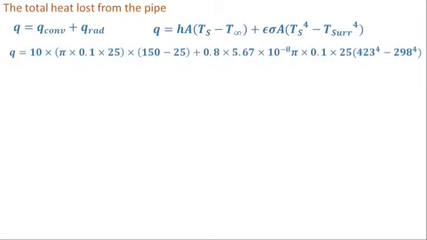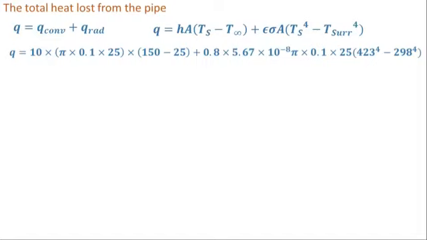The value of convective heat transfer coefficient is given in the problem, which is 10 watt per meter square Kelvin. The surface area of the pipe will be pi dl. The diameter is given in the problem statement, which is 100 millimeter or 0.1 meter.